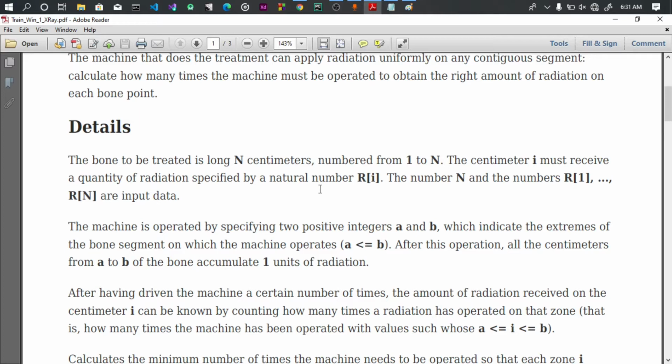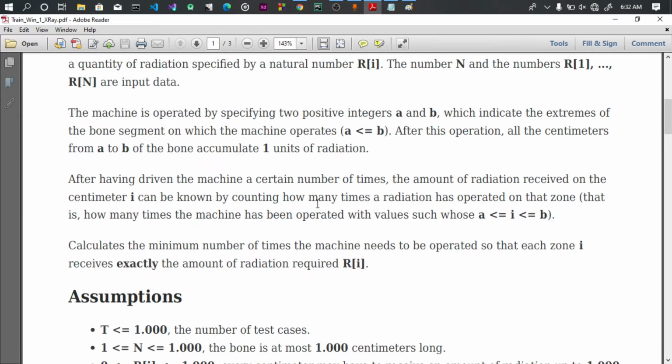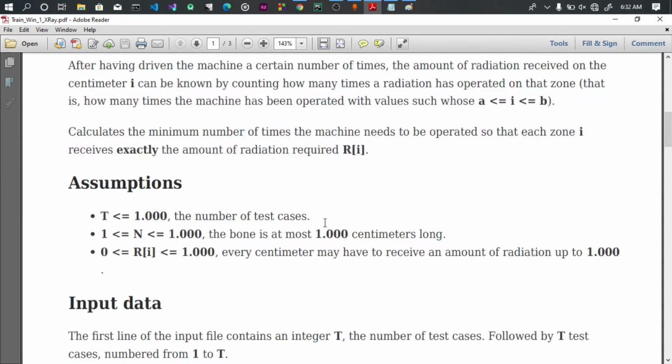After this operation, all the centimeters from a to b of the bone accumulate 1 unit of radiation. After having operated the machine a certain number of times, the amount of radiation received on centimeter i can be known by counting how many times the machine has operated on that zone, that is, how many times it has been operated with values where a is less than or equal to i and i is less than or equal to b. Calculate the minimum number of times the machine needs to be operated so that each zone i receives exactly the amount of radiation required, Ri.